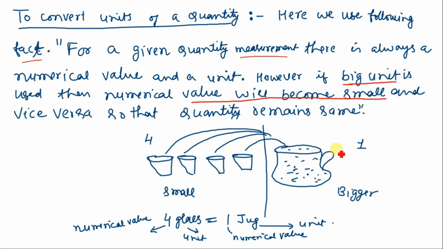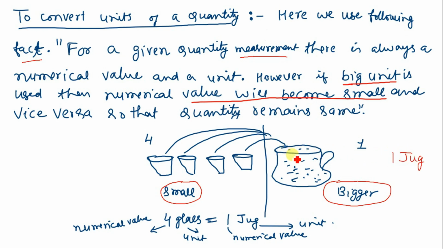Suppose we have one full jug of water. Suppose when the water is transferred into glasses, then from one jug of water, four glasses are filled with water, as shown in the figure. So here, jug of water is a bigger unit and glass of water is a smaller unit. So the volume of water in case of jug is chosen as unit of measurement will be 1 jug.